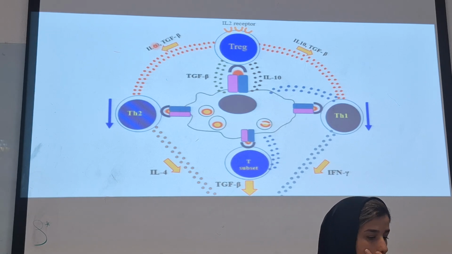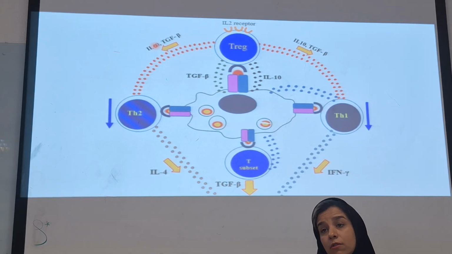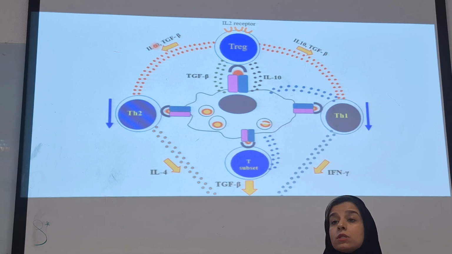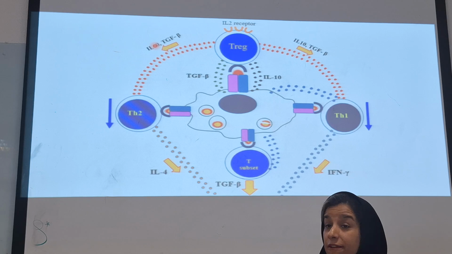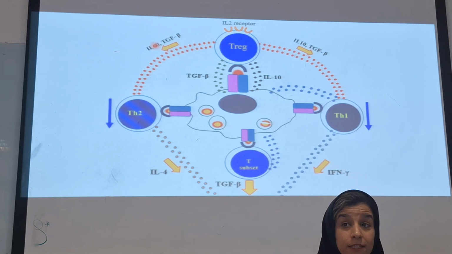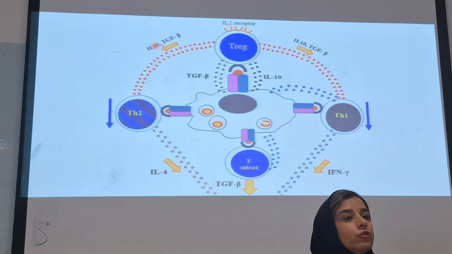Why does our body need to suppress that? When some pathogen enters our body, our immune system needs to be activated, not suppressed. After killing the bacteria, it will suppress.